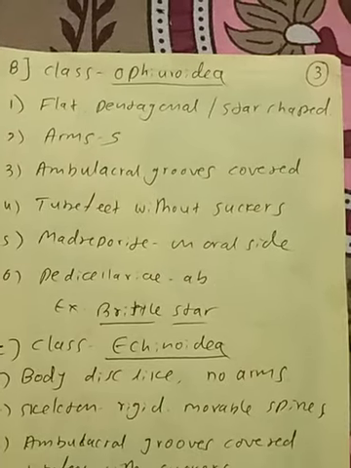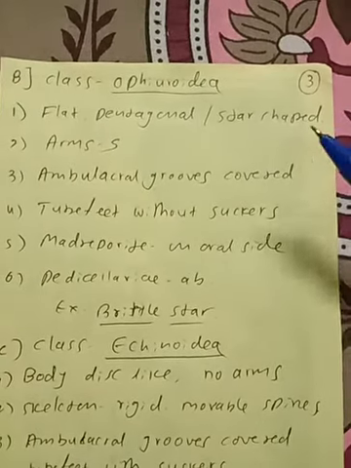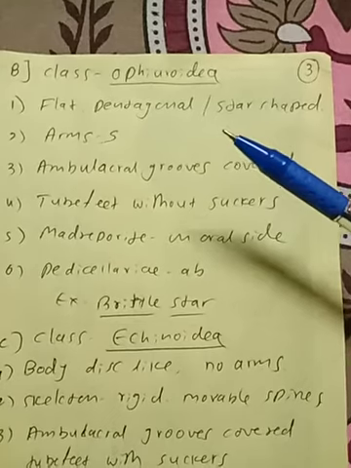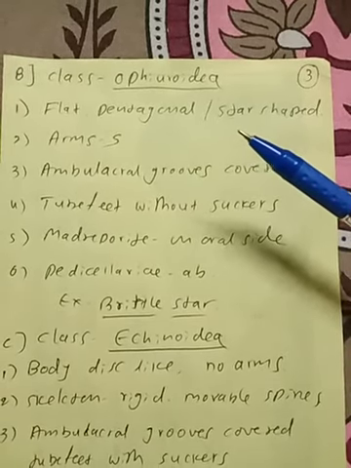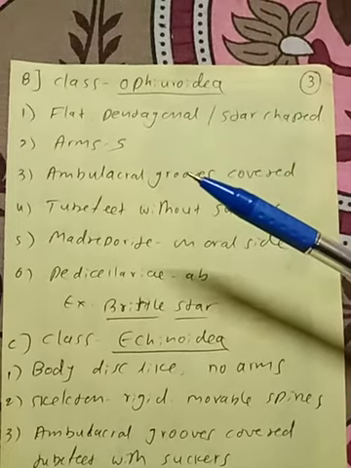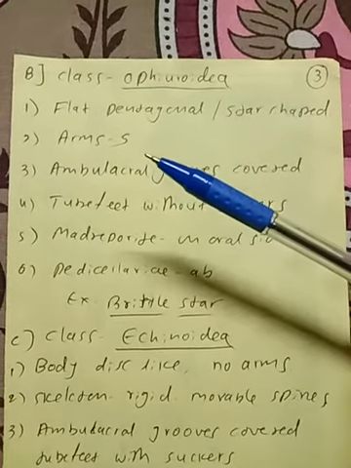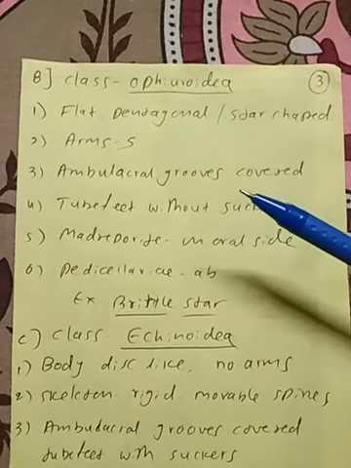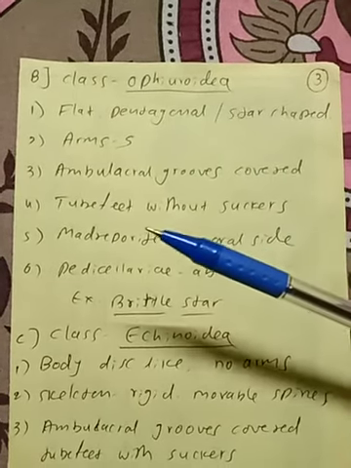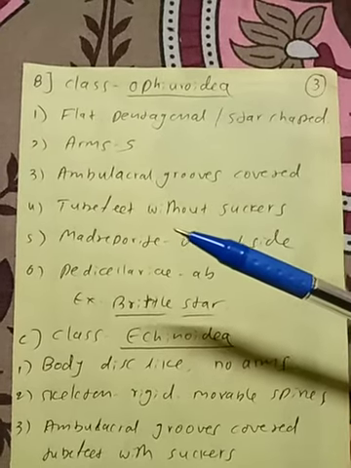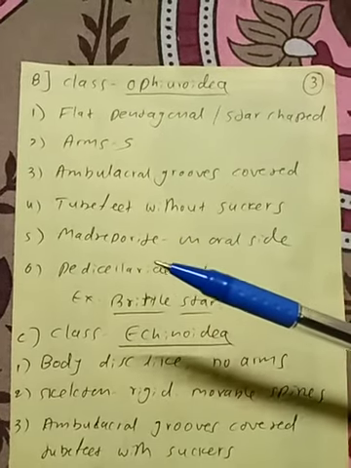Then the next class, that is Ophiuroidea. These are flattened, pentagonal, or star-shaped animals. Generally, they also have 5 arms. Then ambulacral grooves are covered, with tube feet, and these tube feet are without suckers.